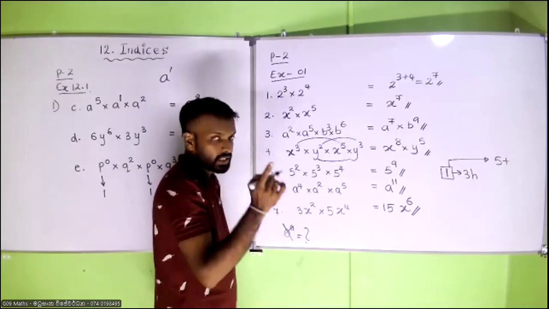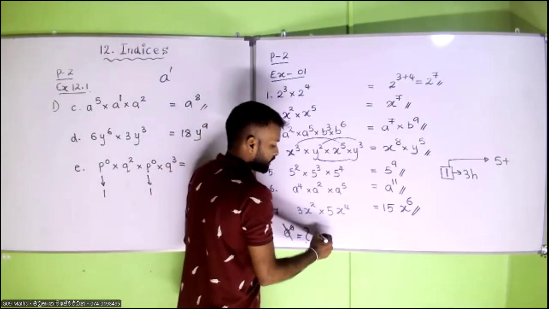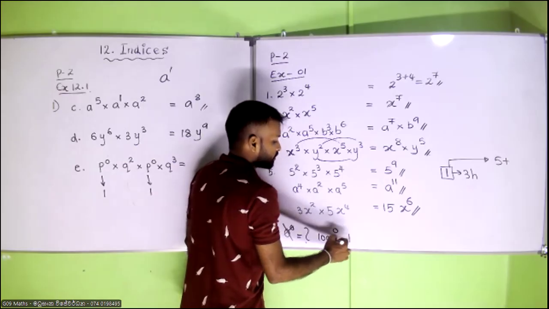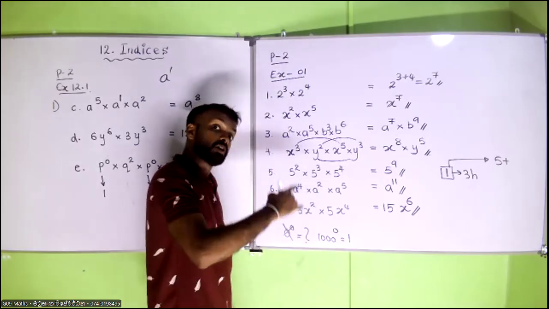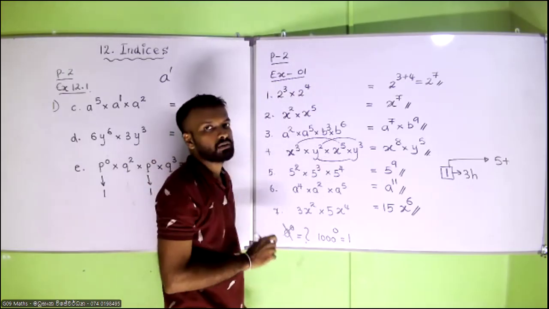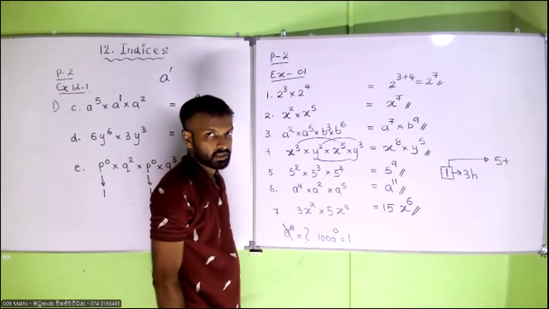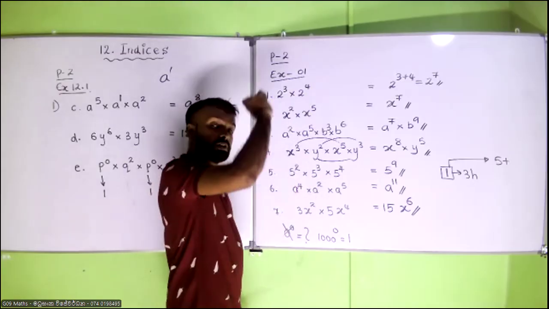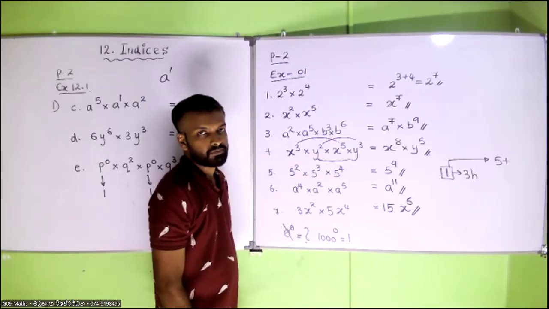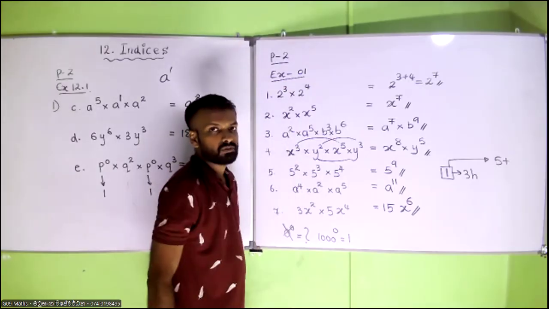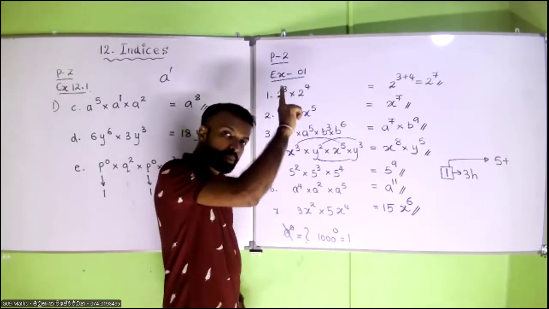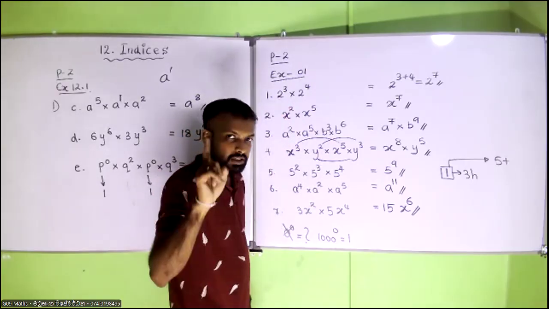If you take 1000 to the power 0, the value is 1. 100,000 to the power 0, value 1. A million to the power 0, value 1. A to the power 0, value 1. Z to the power 0, value 1.